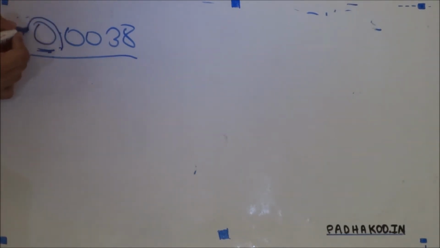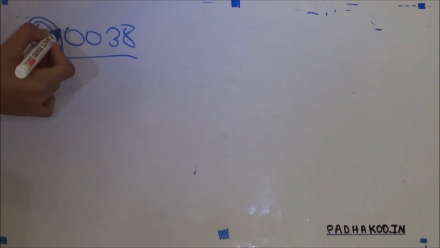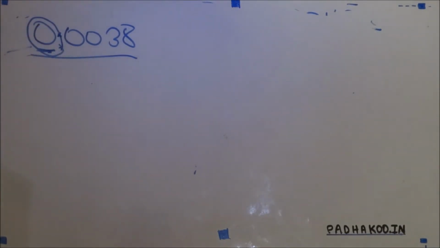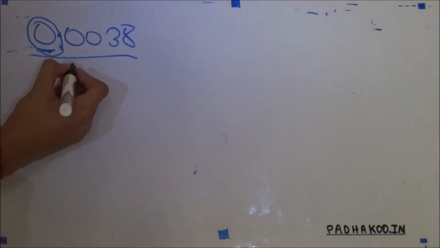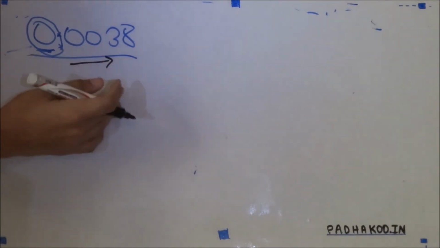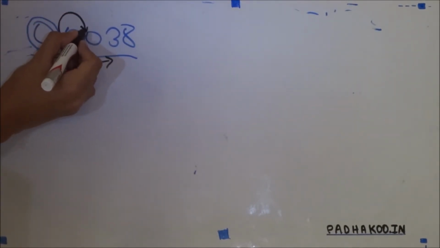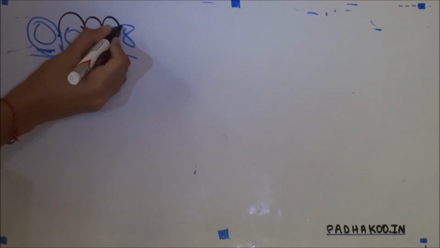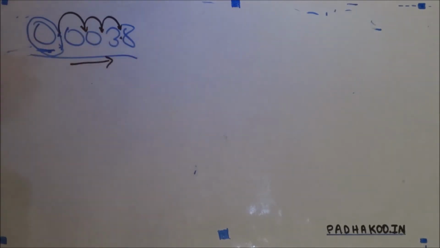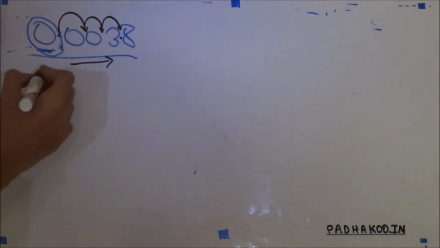There should be only one digit, and secondly, it should not be equal to 0. So to write this in exponential form, we will shift the decimal point towards the right, and by how many places? Let's count. 1, we'll take it here, 2, we'll take it here, 3, we'll take it here. So we shifted the decimal point 3 places.